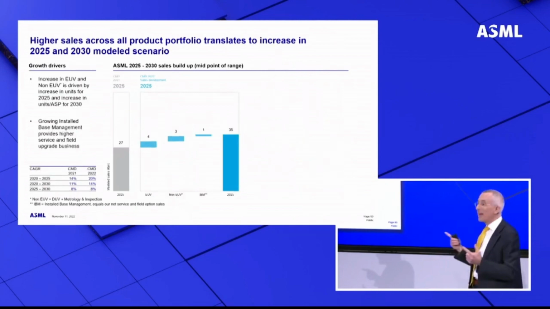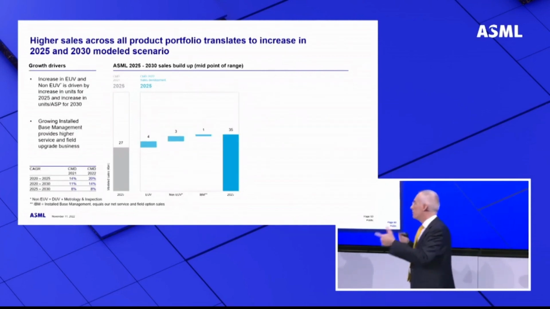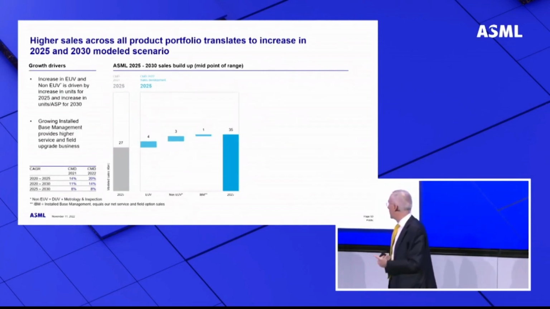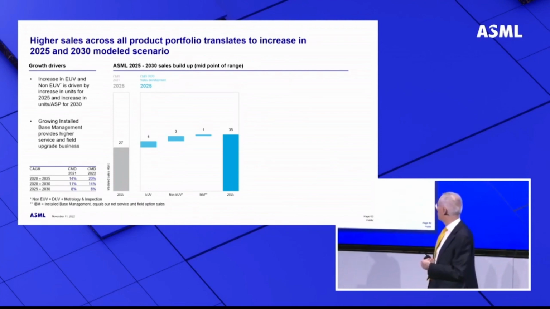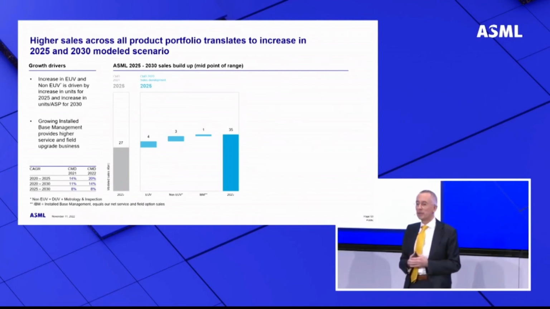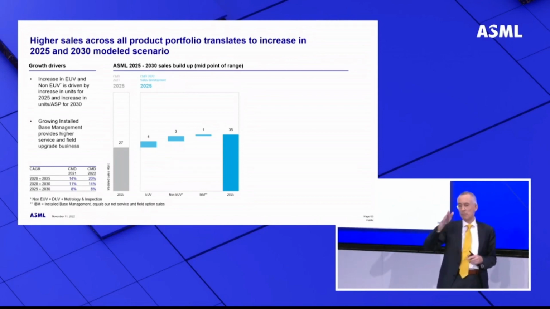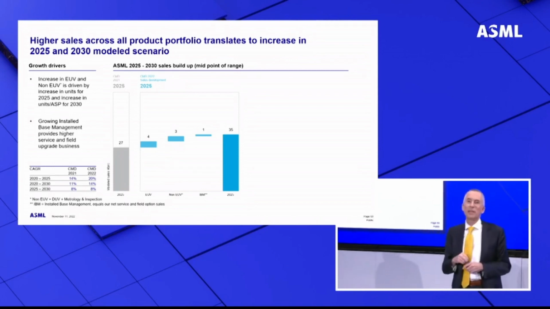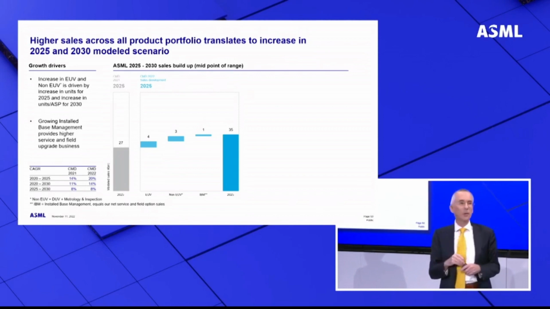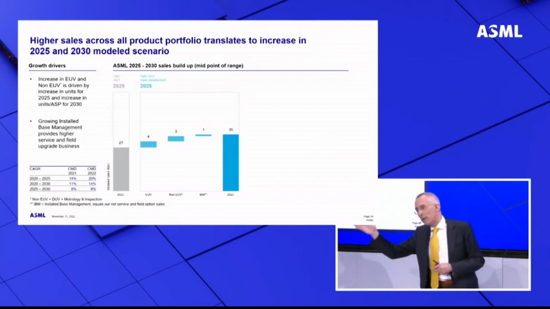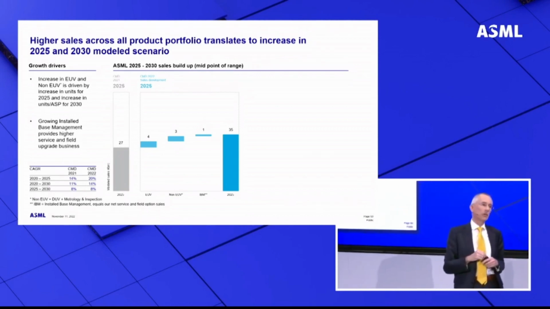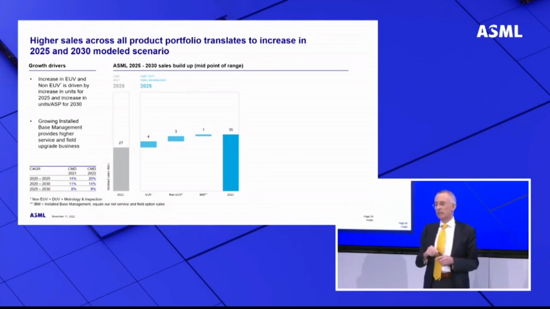So if you try to analyze it, where does it all come from? First off, the quick analysis from 2025 last year to 2025 this year. This is another cut at it. You see the jump at midpoint, 27 billion that we had in the scenarios of last year to the midpoint that we have for the scenarios this year. You bridge 27 to 35.